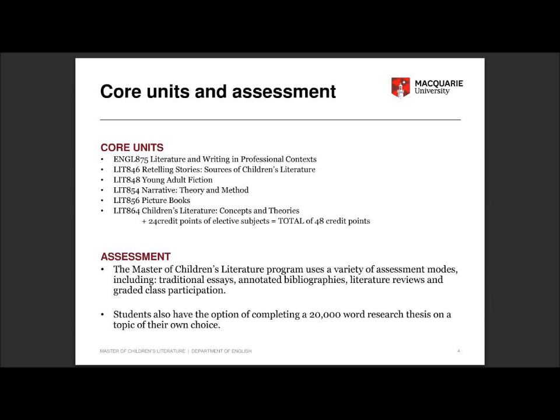I'd really encourage you to take that option. I really enjoy working with students on their research dissertations, and it's a really rewarding process, I think. It's something that we encourage students to do at the end of their program when they've already got a kind of complex overview of the different genres of children's literature and of the different possible topics that might be discussed there.